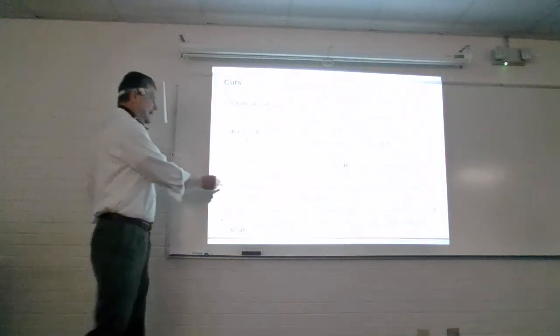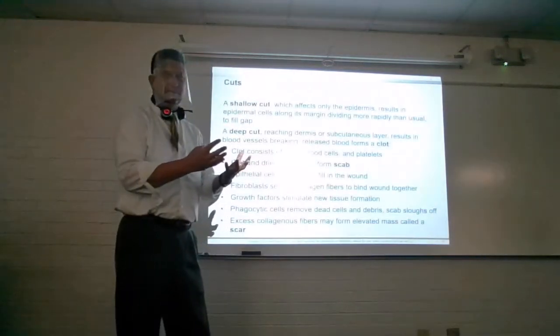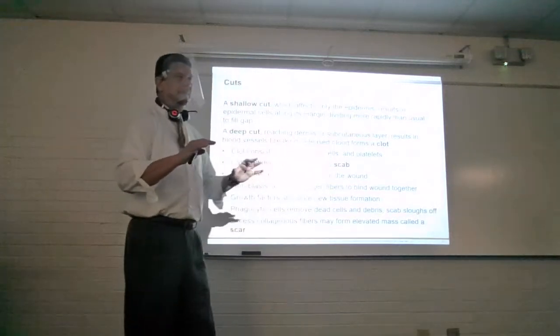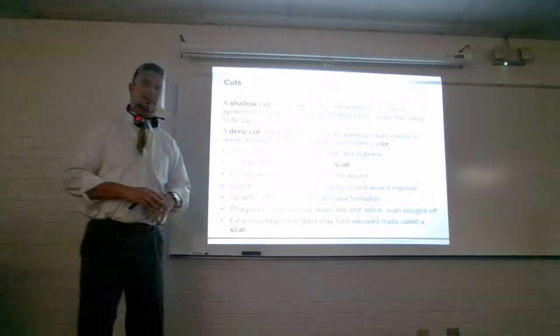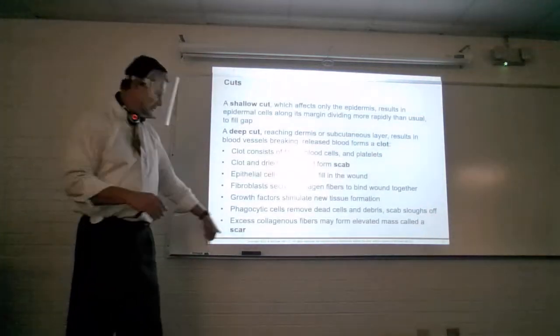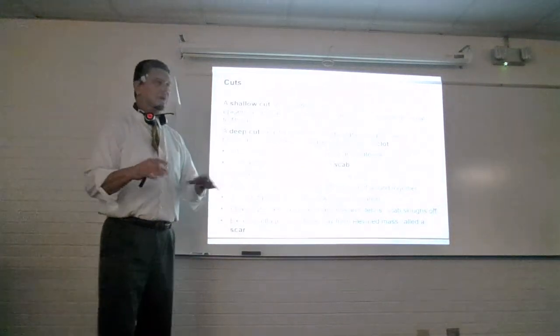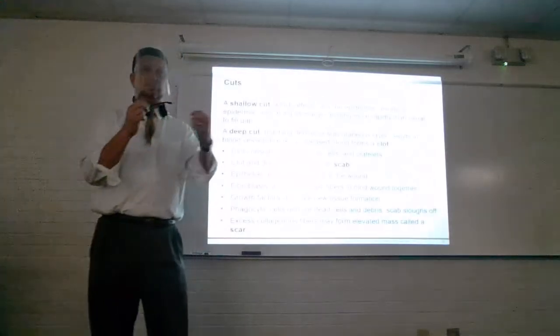Now, fibroblasts, which were cells that we looked at before, come in, and their job is to lay down the fibers. If the fibroblast comes in and lays down all collagen, you're going to end up having what we call a scar, a keloid. Right? Scars have no elastic fiber in them. That's why a scar doesn't stretch, it doesn't pull.